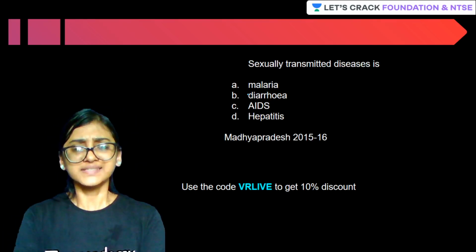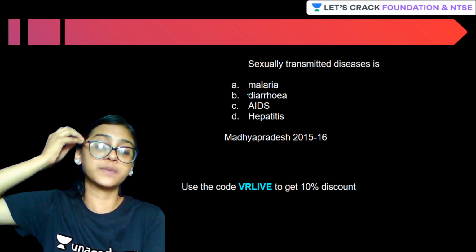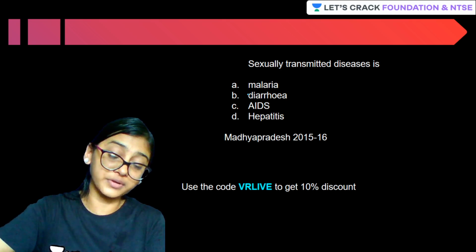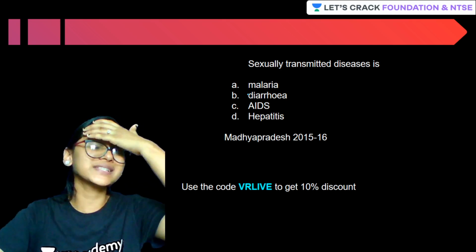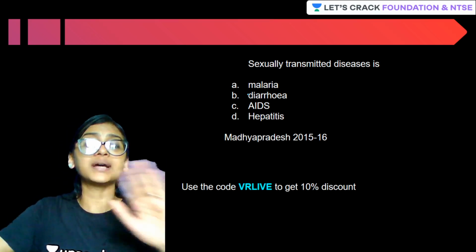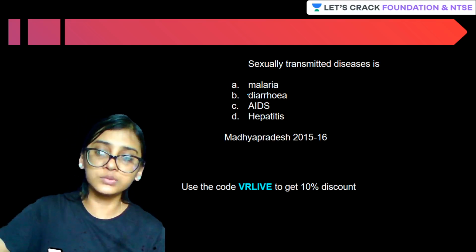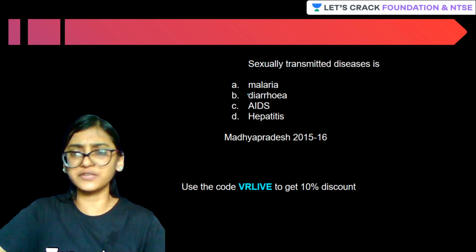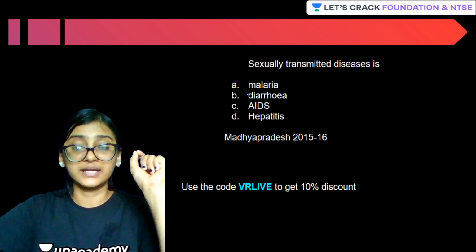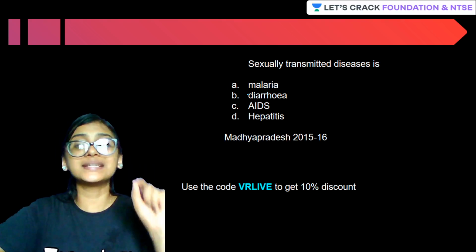Next question. Sexually transmitted diseases. This is an amazing question, students, because there are two options which will drive you crazy. Malaria, of course, everyone knows is spread by the mosquito. Diarrhea, loose motion, is caused by different diseases. But students, AIDS, acquired immunodeficiency syndrome, is a sexually transmitted disease.